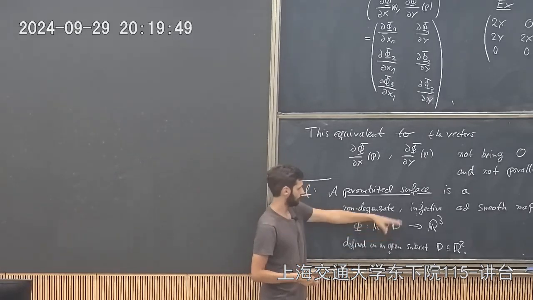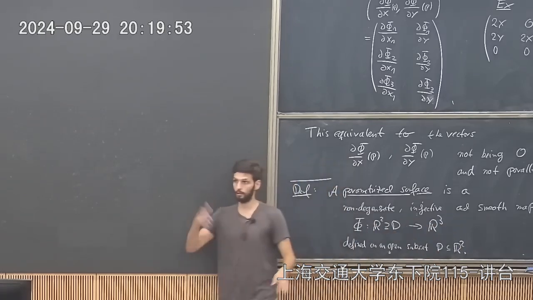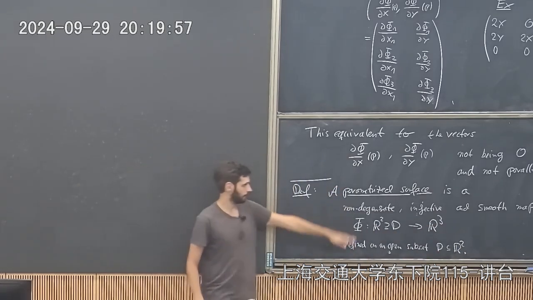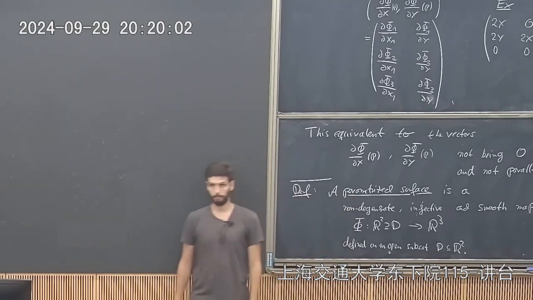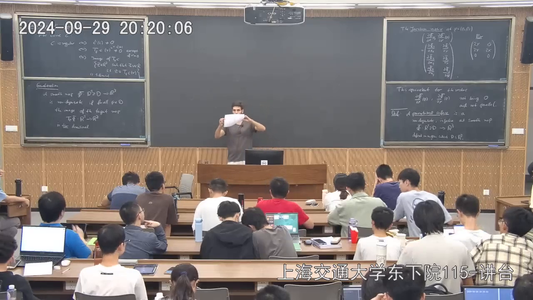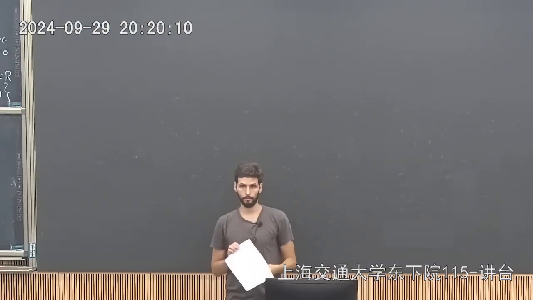Here I have two dimensions and non-degenerate says that whatever I map to is also in some way two-dimensional. These are all the important ingredients. An example would be everything I can do in a very smooth way if I just turn a sheet of paper. That would be a parametrized surface.